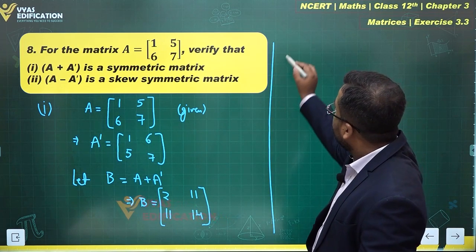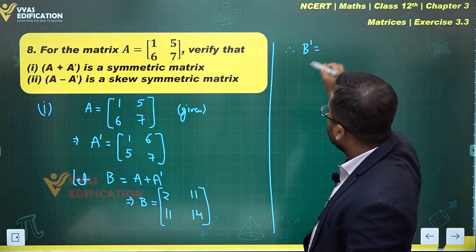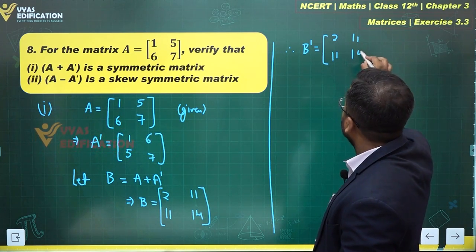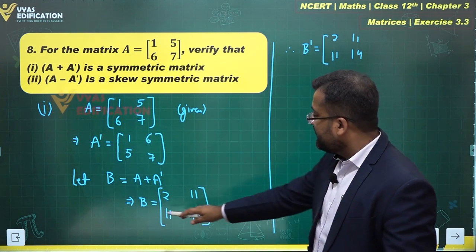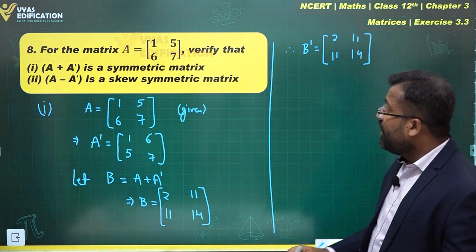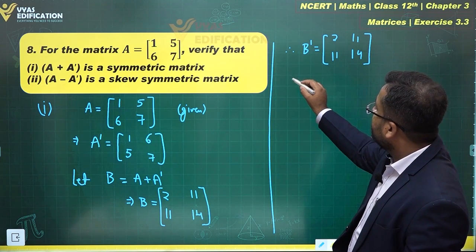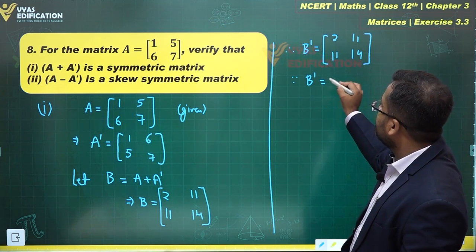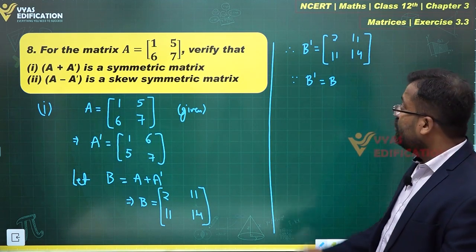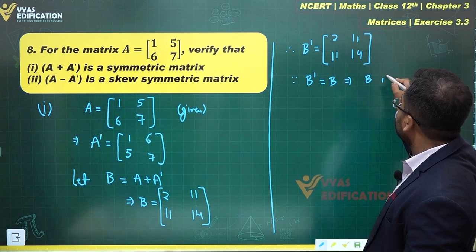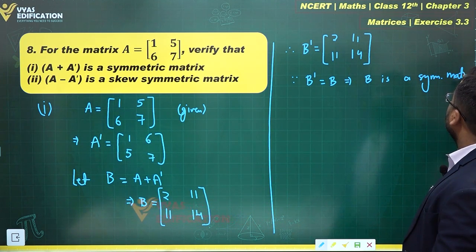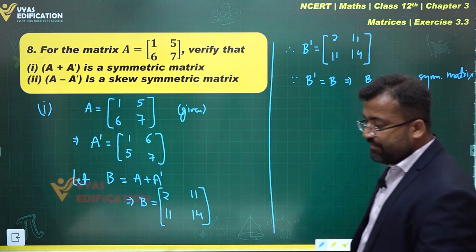Therefore, B prime is equal to what? B prime is the matrix 2, 11, 11, 14. What I've done is the first row becomes the first column, and the second row 11, 14 becomes the second column. And you may observe that B prime is equal to B, which implies B is a symmetric matrix.